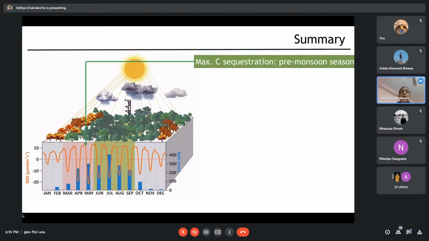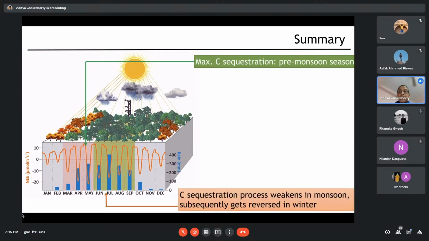So what we summarize here is that the maximum carbon sequestration occurs during the pre-monsoon season, and in the monsoon season the carbon sequestration process is relatively weak compared to the pre-monsoon season, and subsequently it gets reversed.